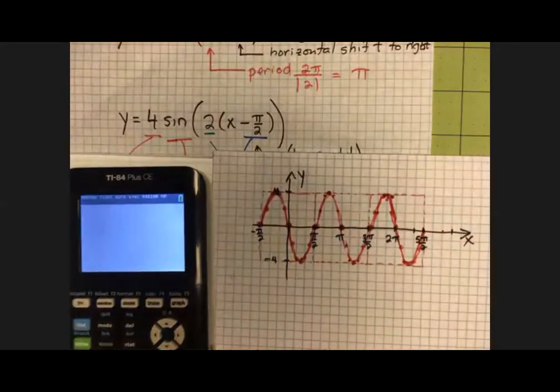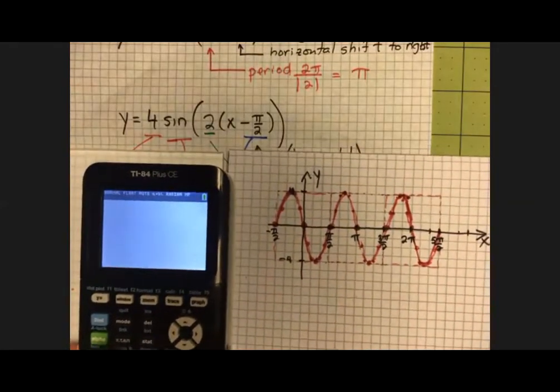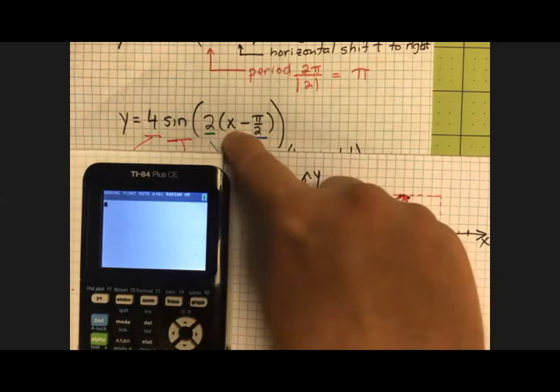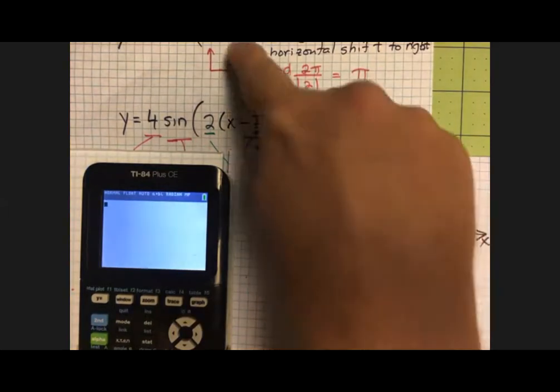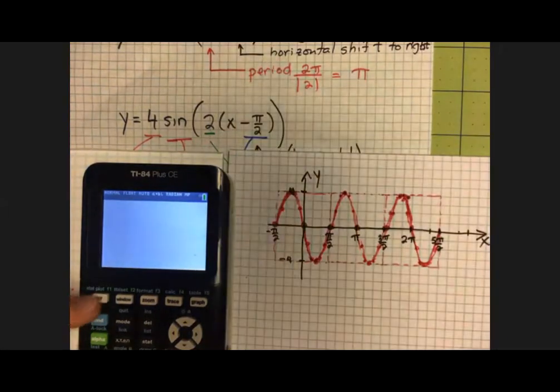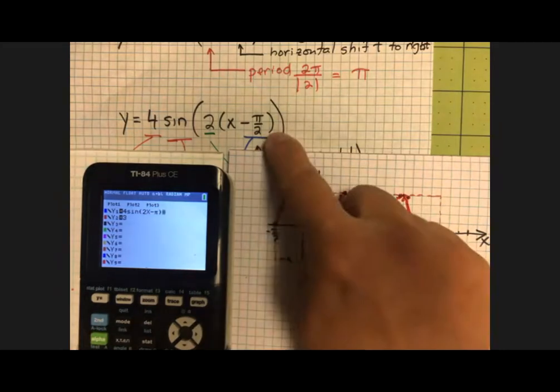And bringing it down. There, let's get it all on one screen, hopefully. 4 sine 2x minus pi. Type it in just like that. 4 sine 2x minus pi. And then you'll know if you did that factoring right.